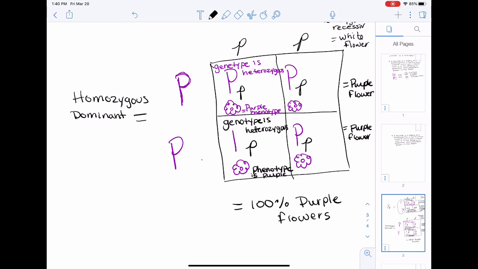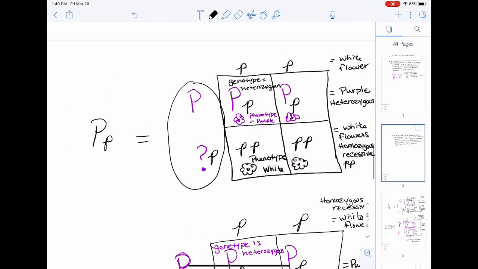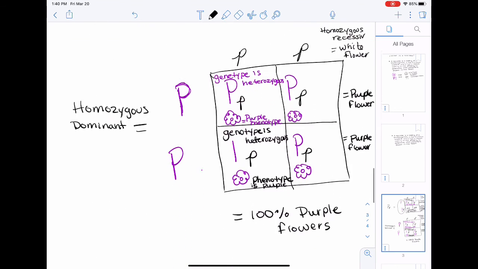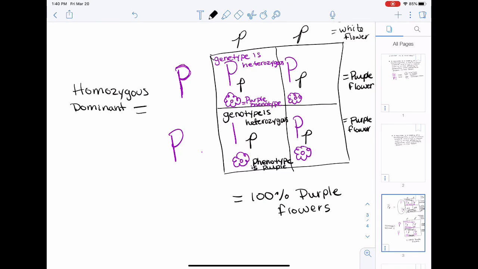When we did the cross up here, he got some white flowers. The presence of the white flowers, the recessive flowers, tells you that there had to be a recessive gene. If there is no presence of white flowers and he got 100% purple flowers when bred to a recessive plant with white flowers, then you would be able to say that this parent was homozygous dominant, meaning there were two purple genes in it.